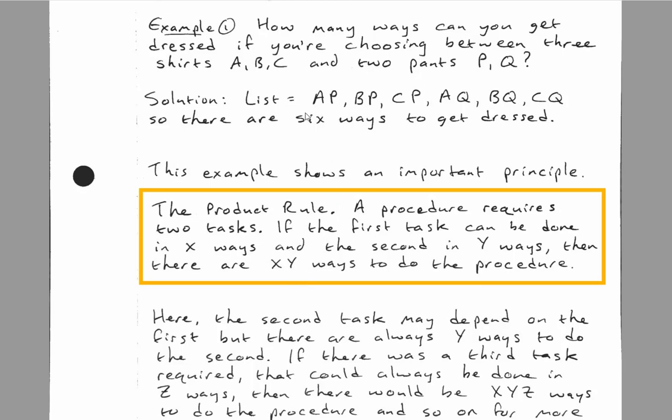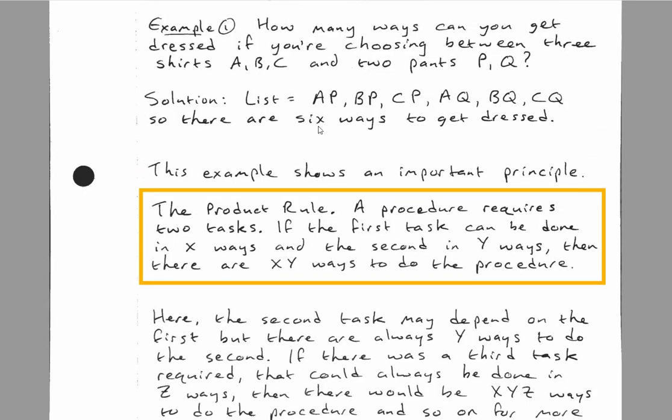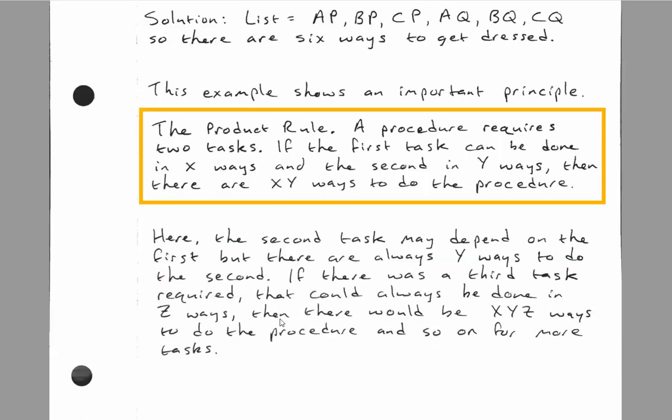Here the first task was picking a shirt, 3 ways to do that. The second task, deciding which pants to wear, 2 ways. So altogether 3 times 2 is 6 ways. For example 1, which shirt you picked didn't change your pants options, but it could for more complicated problems.